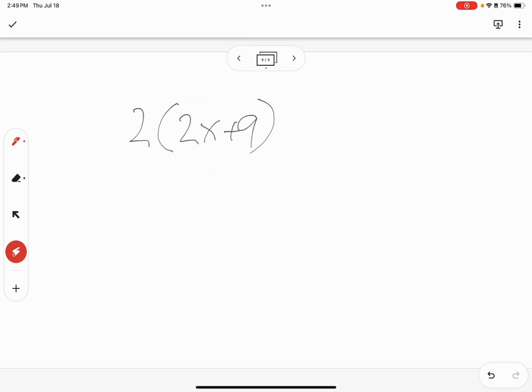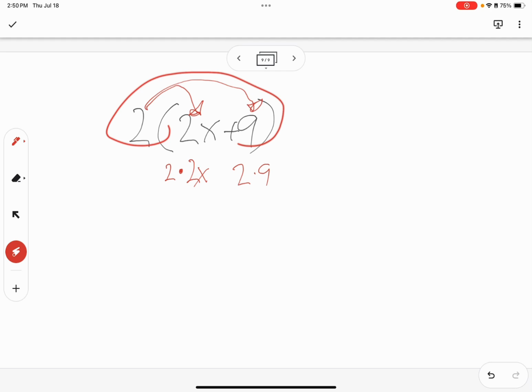There's nothing more we can do inside the parentheses. So now we've got to do the distribution. We're going to take the 2 times 2x, and then we're going to take the 2 times 9. So now we've got this term being multiplied and this term being multiplied with that, and we're going to bring down this plus sign.